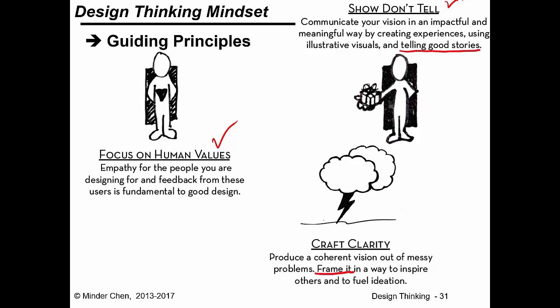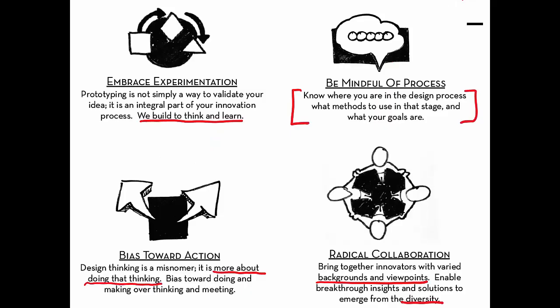And third is craft clarity. You want to create a coherent vision out of sometimes a very messy problem. You try to frame the problem properly, so that you inspire people to work on and solve the problem.